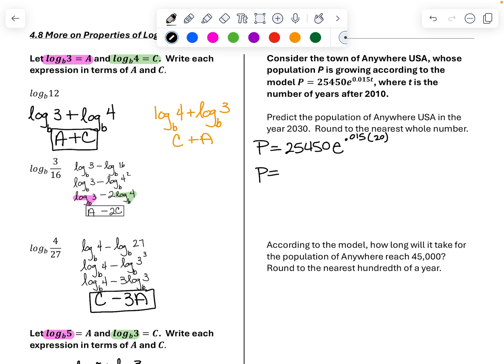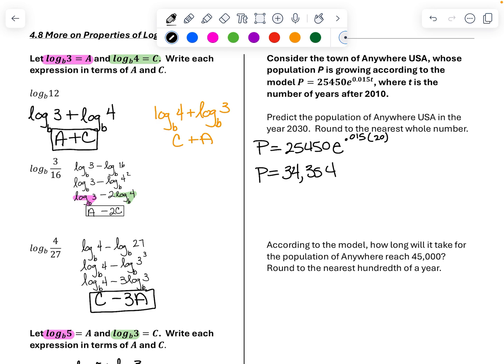And now there are 34,354 people in the town. We don't want to slice and dice anybody. So after 20 years, the town has grown to 34,354 people. According to the model, how long will it take for the population of Anywhere USA to reach 45,000?